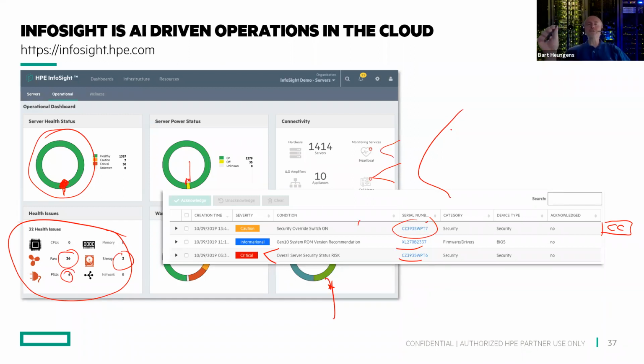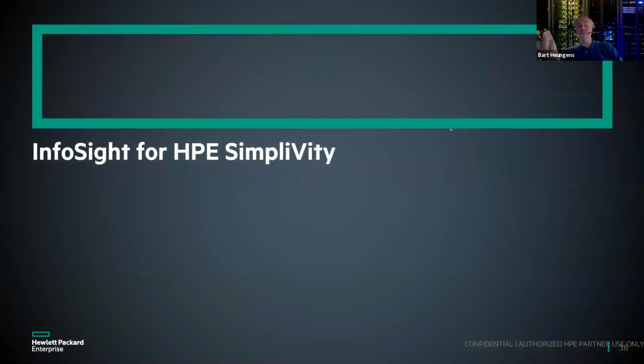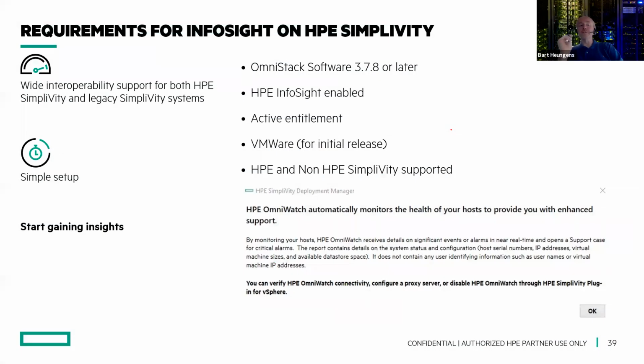Do we have cross-stack analytics? Today we don't have cross-stack analytics through InfoSight for servers. Why? Because we're not sure that there is a hypervisor running on top of that server. But we can have cross-stack analytics through other methods, through storage and through SimpliVity, because with SimpliVity we are sure that there's a hypervisor on there.